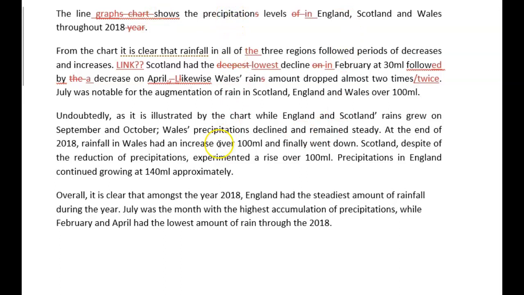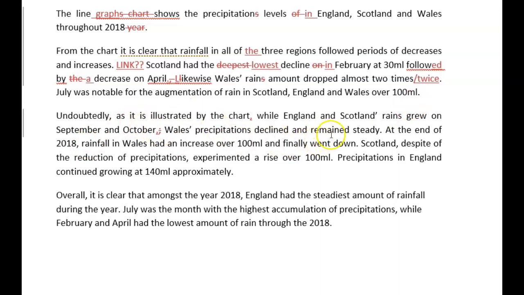Again, you use precipitation only once. You will be using it again. But anyway, undoubtedly, as it is illustrated by the chart, comma, while England and Scotland rains grew in September and October, and you need a comma here.